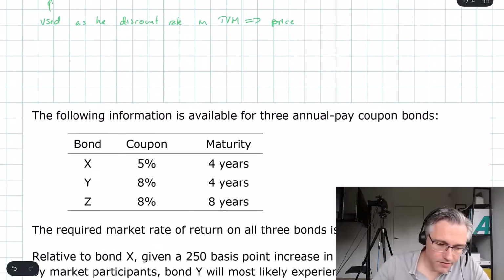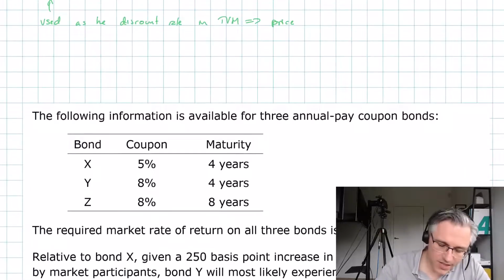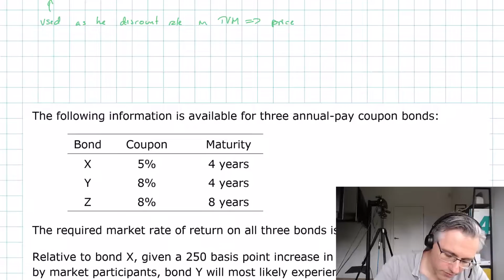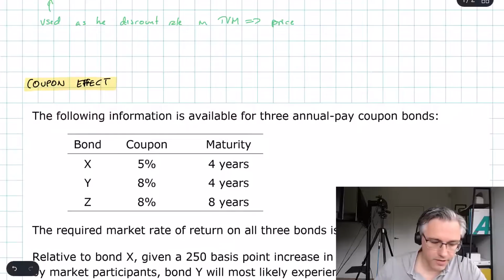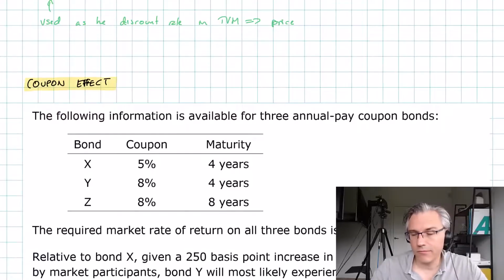Now, the next effect, and this really is an effect, not just a relationship, is what we call the coupon effect. As you can see, I've got a question which doesn't really need to be solved using numbers or the calculator. Effect is spelled with a double F, but I've decided to do it this way. Hopefully, once we do some computations, it will stick better in your heads.